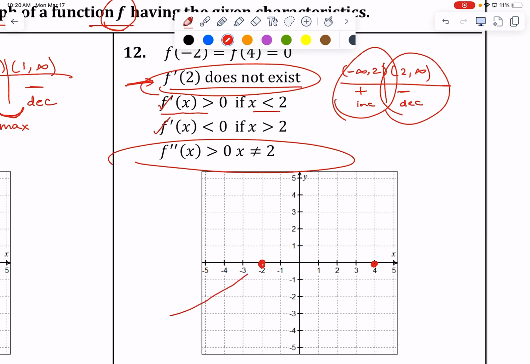Volcano. Does this increase up to 2? Yeah. Does this decrease forever? Oh, no, wait, I said that. Yep, you could have a cusp. Now, is that one possibility? Yeah. Could you have had another possibility? Vertical asymptote. You could have done it with a vertical asymptote, because they didn't tell me whether or not the original function was discontinuous or if it was a cusp.